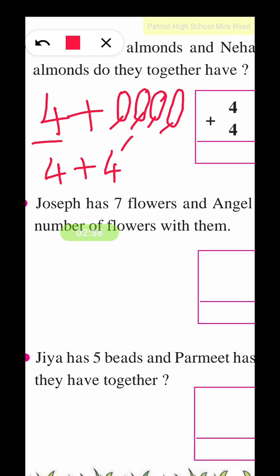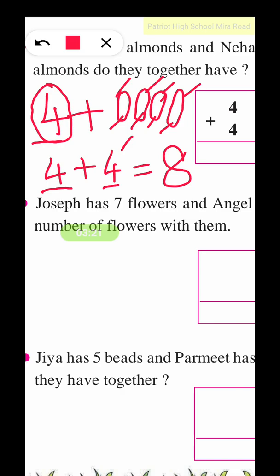So in all, how many almonds do they have together? You count this as 4, then 5, 6, 7, 8. So you write 8 over here. 4 plus 4 is equal to 8.